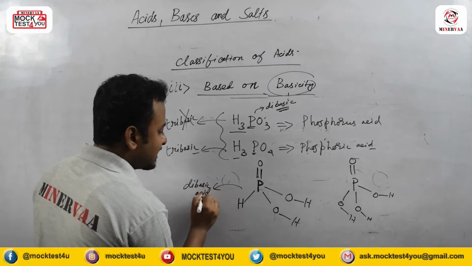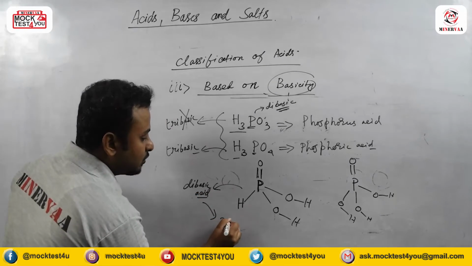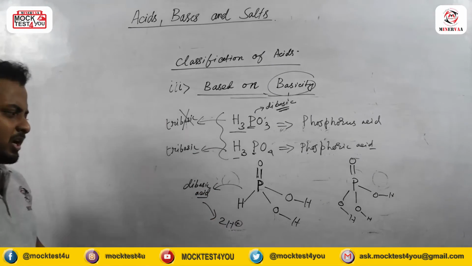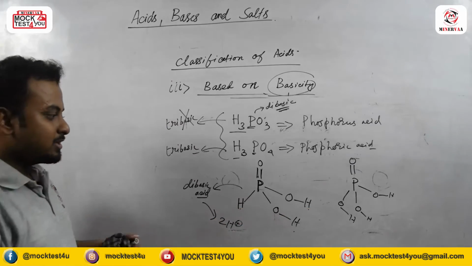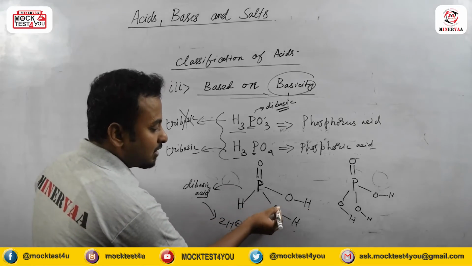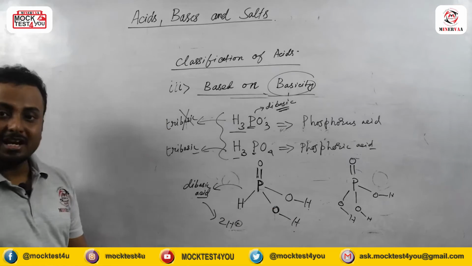Why is this a dibasic acid? Because it will give only 2 H plus ions. There are 3 H's present, but why is it giving only 2 H plus ions? Because here oxygen is very much electronegative.